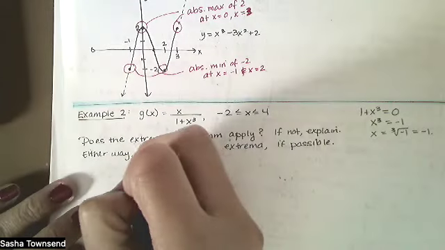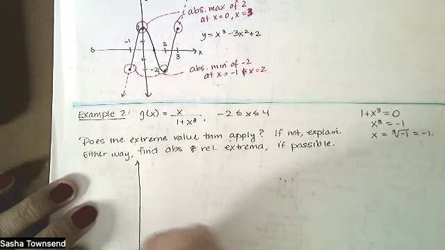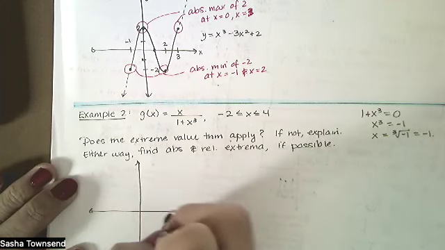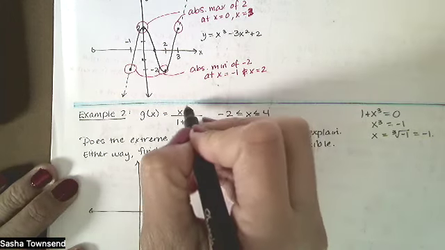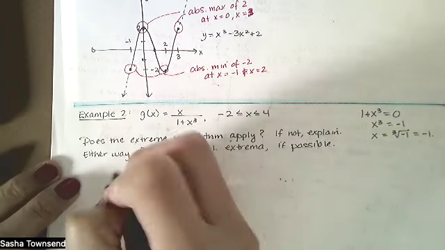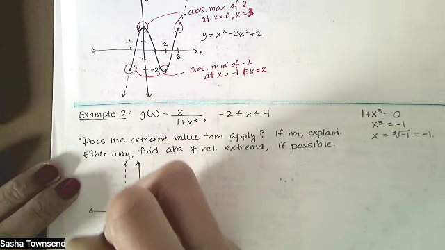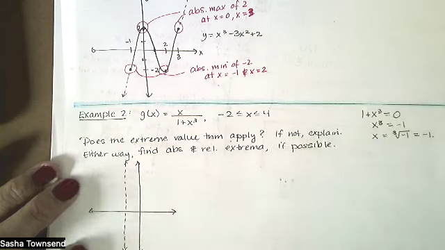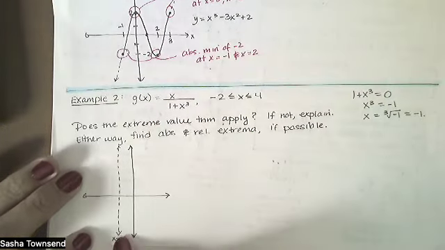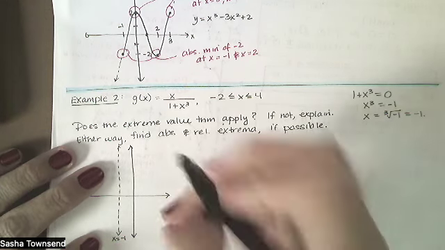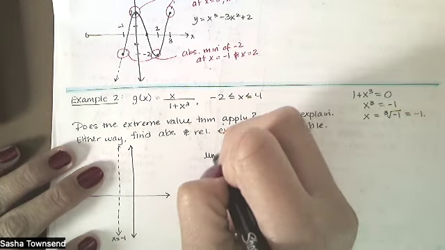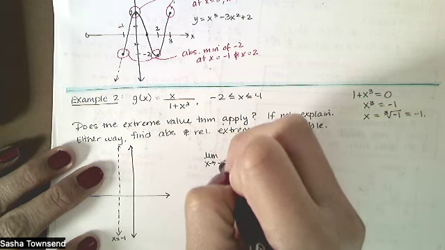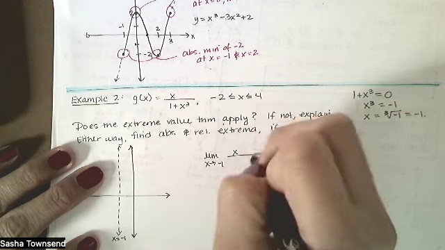I don't know exactly what the function looks like without using my graphing calculator, but I do know that this is a non-zero number divided by 0 at x equals -1, so that corresponds to an asymptote. Now, if I'm interested in the behavior of the function near -1, I might take the limit as x approaches -1 of that function.